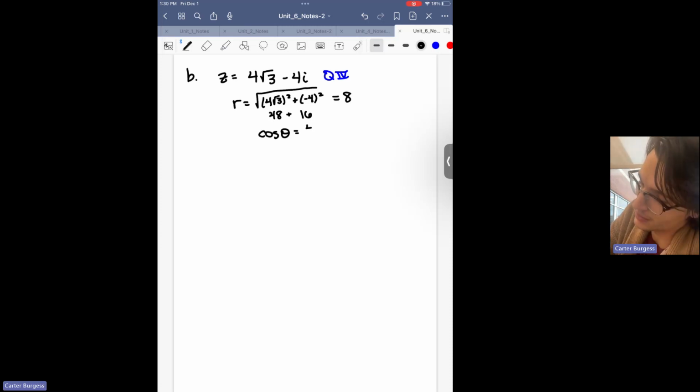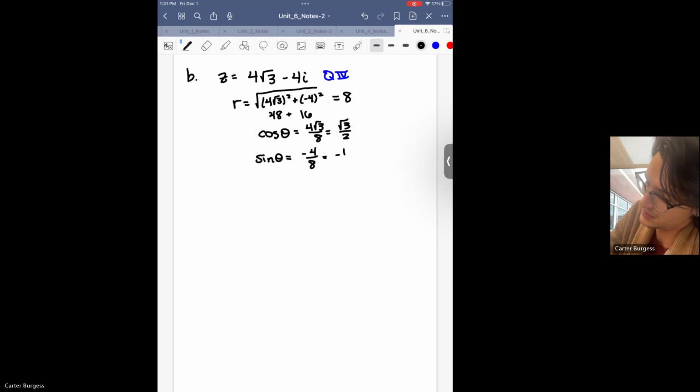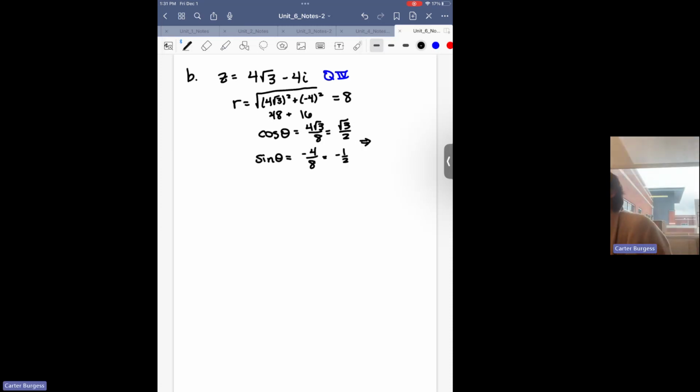Root 3 over 2, or 4 root 3 over 8, which simplifies to root 3 over 2. And what is sine of theta going to be equal to? -1/2 specifically. And so what is the value of theta? That gives us root 3 over 2 for x and -1/2 for y.